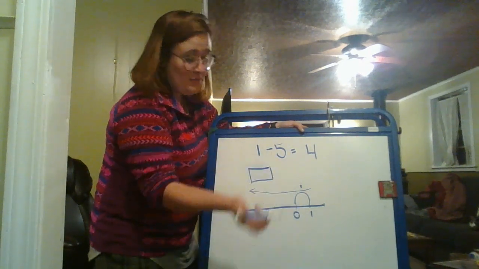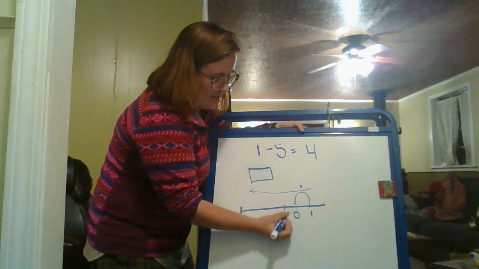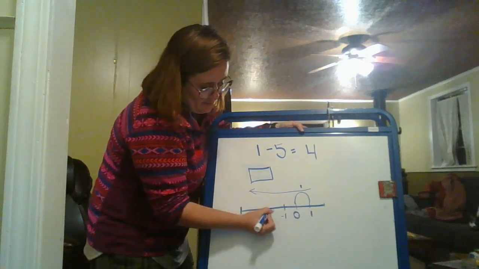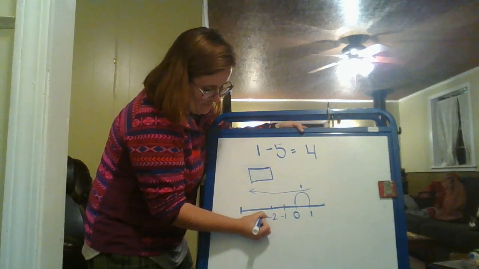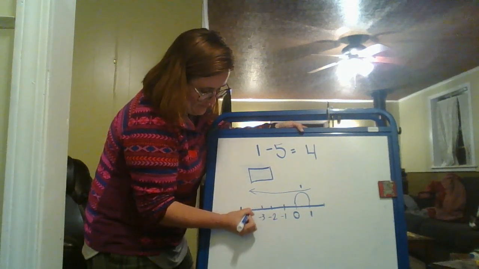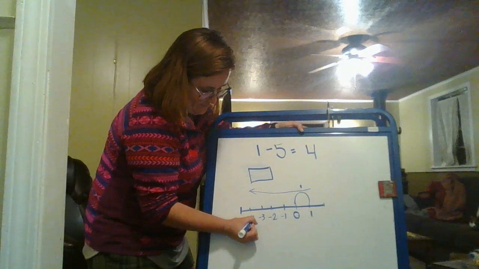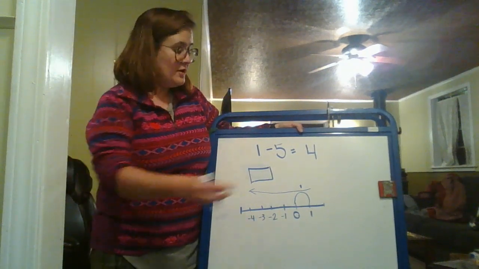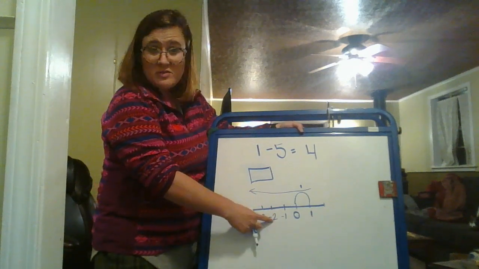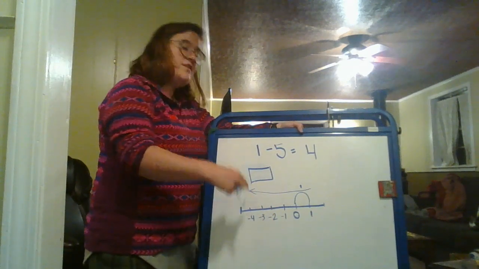I still need to take away 4 more. Now we get into negative numbers. Negative numbers are just that many numbers less than 0. So 1 less than 0, 2 less than 0, 3 less than 0, 4 less than 0.